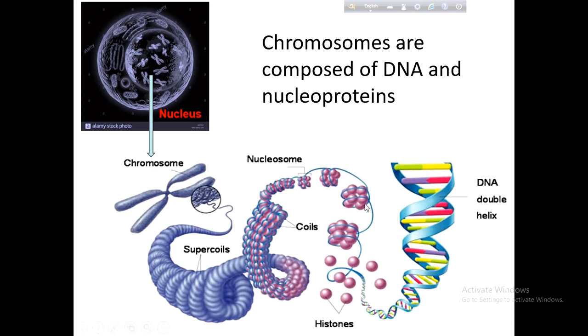So what we have seen so far is that the DNA is wrapped around these histone proteins forming nucleosome structures, and these nucleosome structures come together to form more complex structures that push together to form a supercoiled structure, and this supercoiled structure is compacted together to form the chromosome.